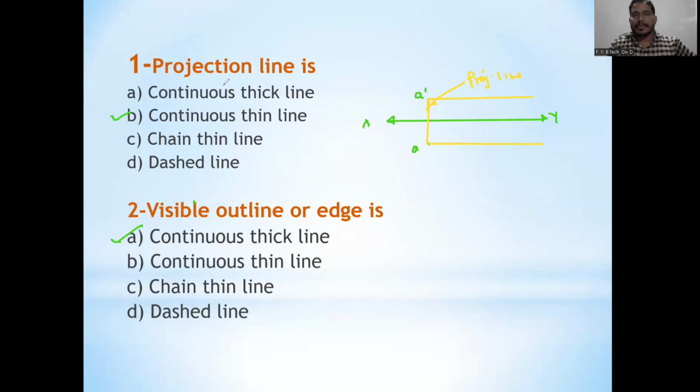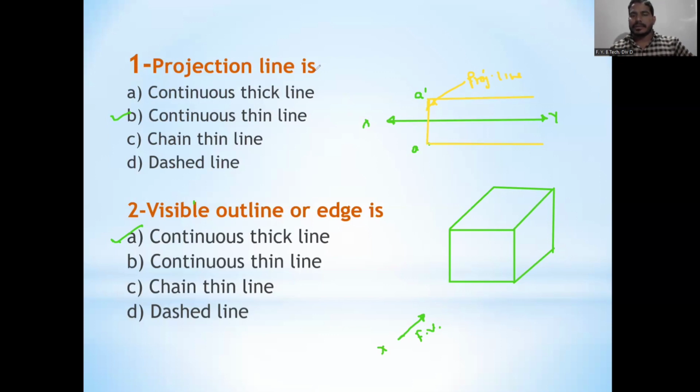For example, I'll take one example. Suppose one object is there. Suppose this is the 3-dimensional object. Now, when you observe from the front side, suppose I want to draw the front view of this object, then which edges will be visible from this side?